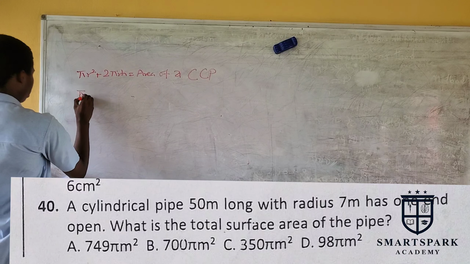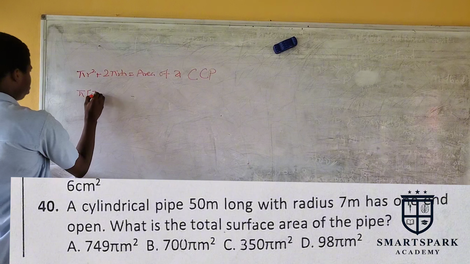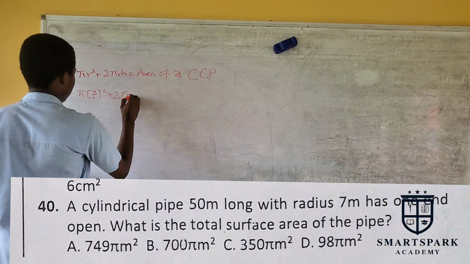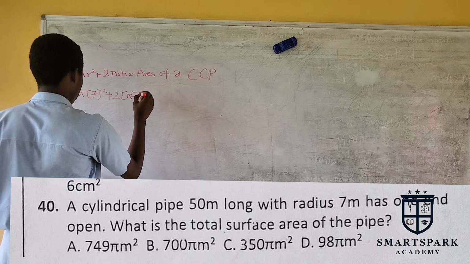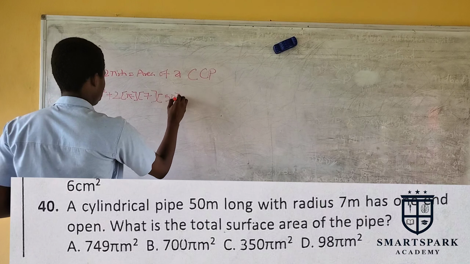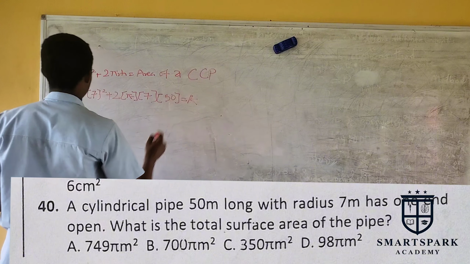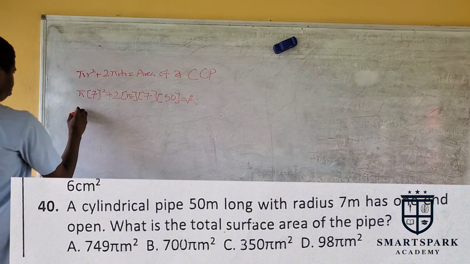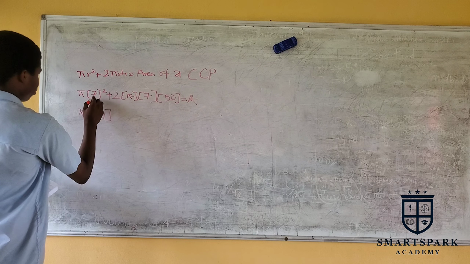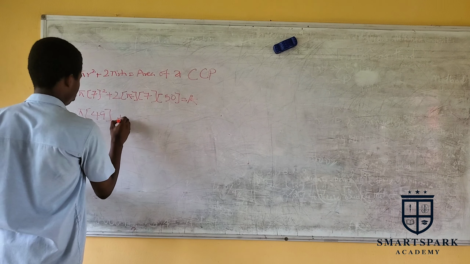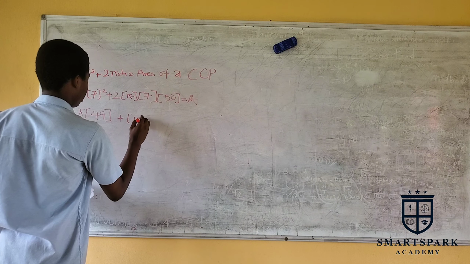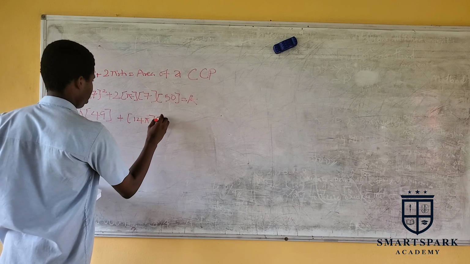So this is pi, I'm going to put our radius squared, plus 2 pi r, which is 7, and our height is 50. So now this is pi times 49, since 7 squared is 49, plus 2 times 7, which is 14, pi multiplied by 50.